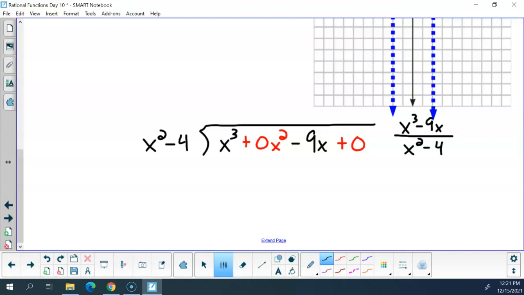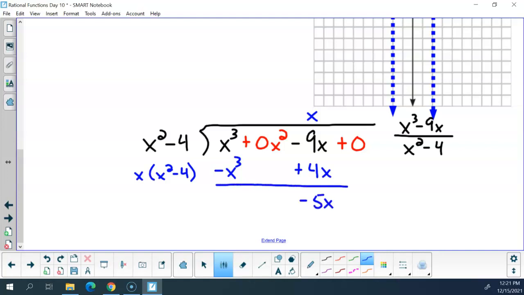Need a number that multiplies by x squared to get me x cubed, and that is x. Change and change. Drop like it's hot. Can I make x squared into negative 5x? Nope, can't do it.